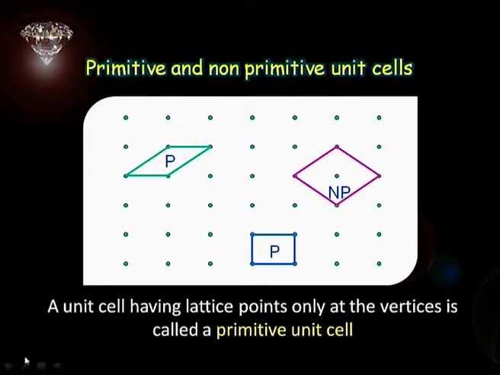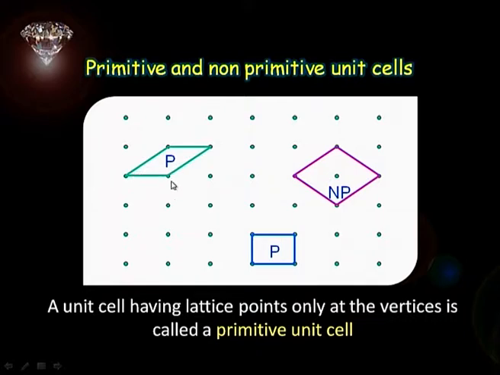Let us move further and talk about primitive and non-primitive unit cells. You will recall that for a 2-dimensional lattice, we realized that there can be more than one type of unit cell. Now, for such unit cells, there are 2 terminologies we have to follow. If a unit cell is such that the lattice points are only at the vertices, such a unit cell will be called a primitive unit cell.